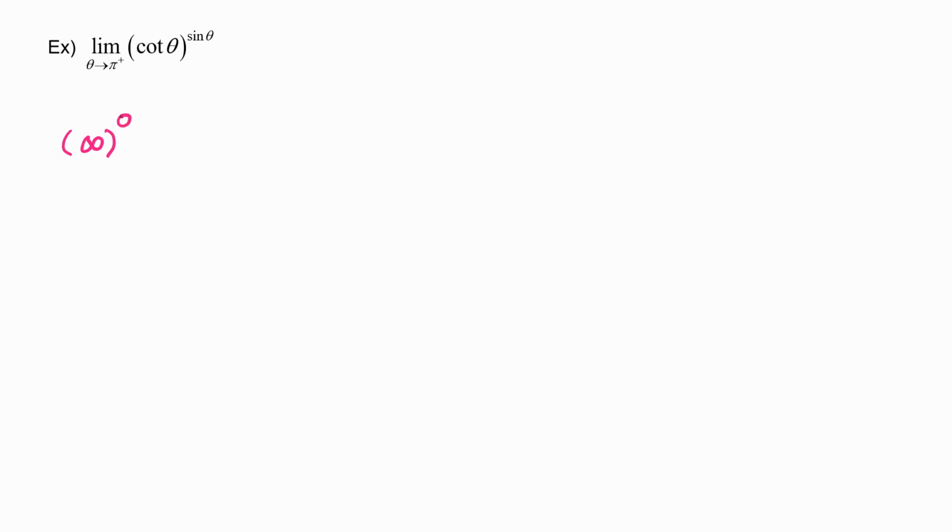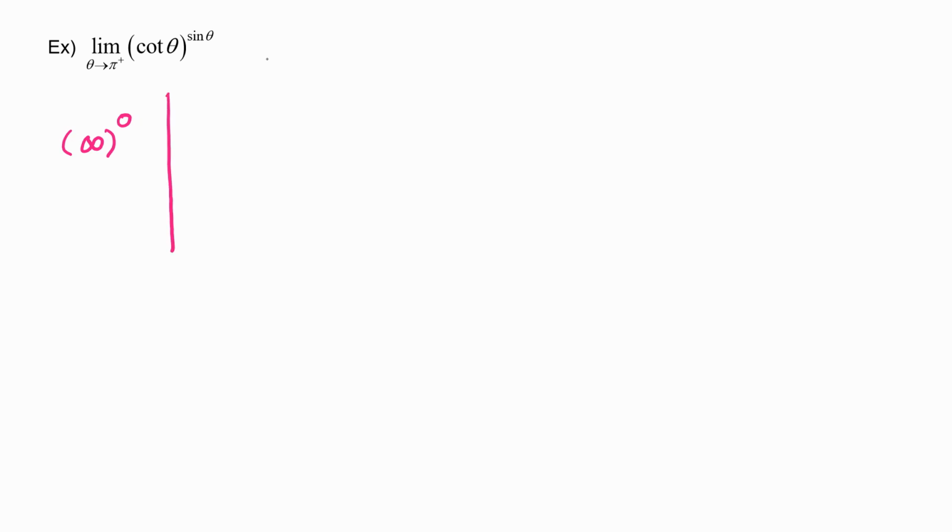So once again, we have this race condition where the base of the expression is trying to do something different than the exponent is. In this case, the base is trying to make the expression get as big as possible and go off to infinity. The exponent is trying to drive the expression to equal 1.